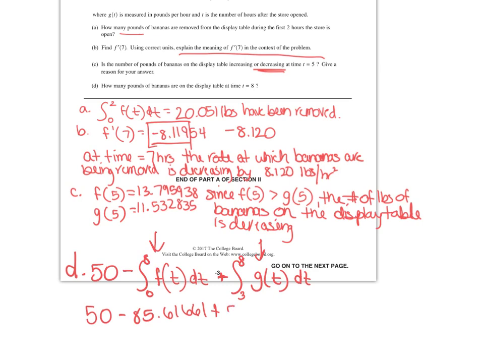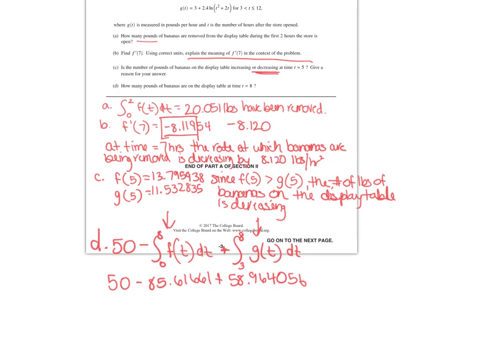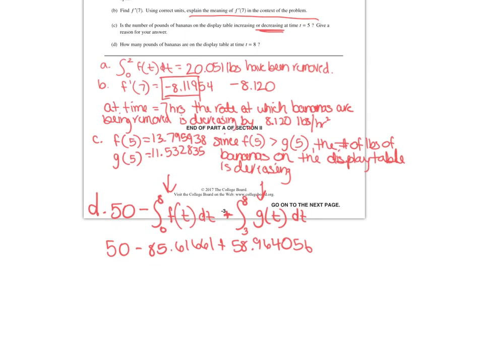This integral is 58.964056. Notice I am not rounding yet. You have to wait until the end. Once you add this all and round or truncate to 3 decimal places, the store will have 23.347 pounds of bananas on the display table.